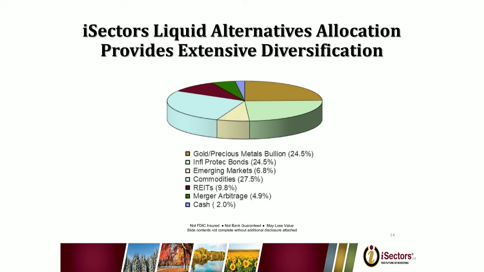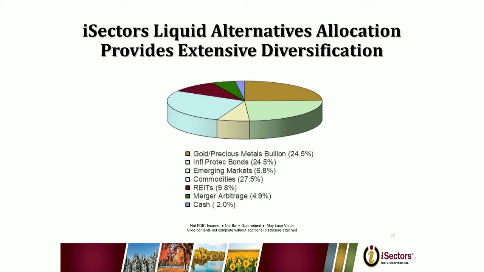A more diversified way to play this is the iSector inflation protection allocation. This model includes inflation protection bonds, precious metals from Aberdeen, commodity ETFs also from Aberdeen, and other real asset-based ETFs, ETNs, master limited partnerships, and mutual funds.